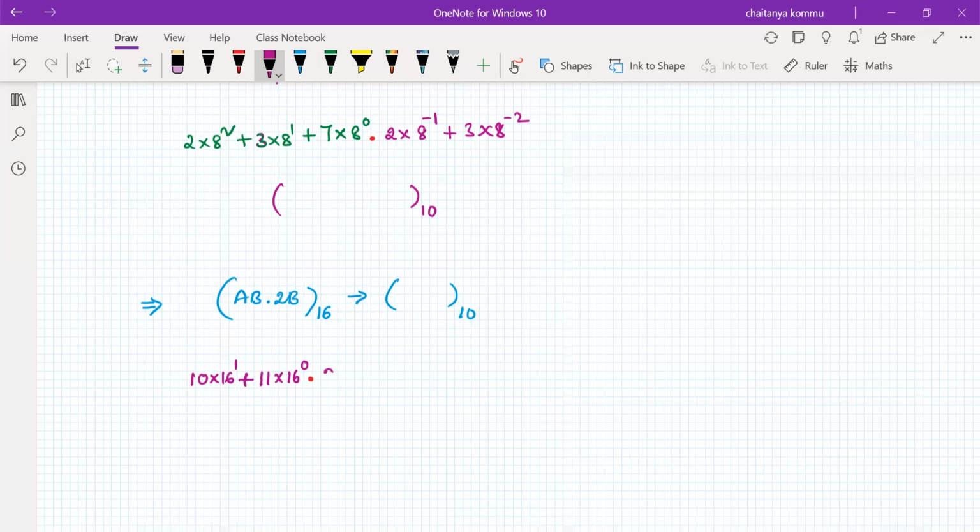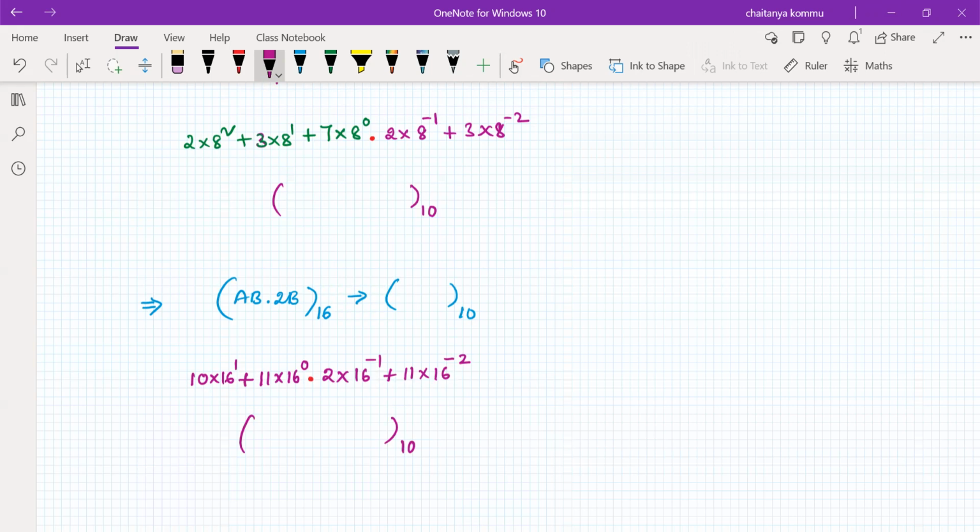On this side, 2 into 16 power minus 1 plus 11 into 16 power minus 2. You have to calculate this one, and base 10 will be obtained. Please try to do it.